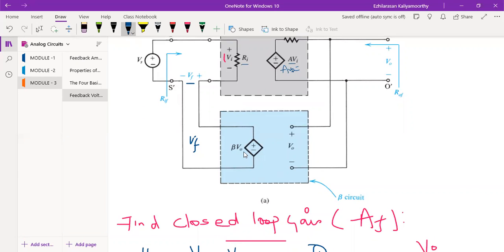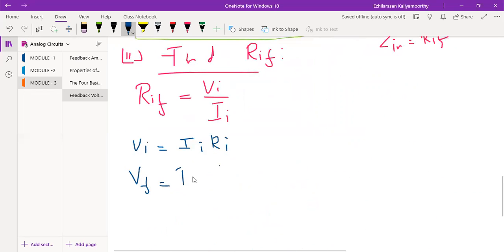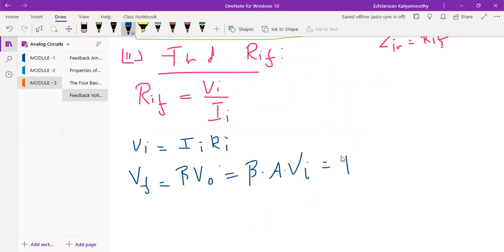So VF is equal to beta into V naught, which is beta into A into VI, which is beta A into II into Ri. Yes, we got this.